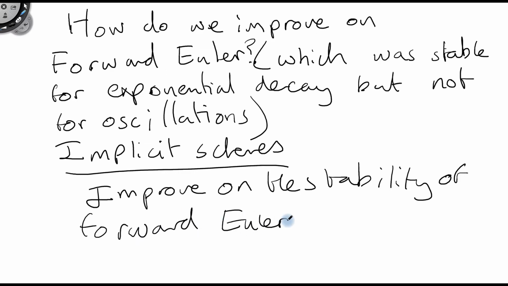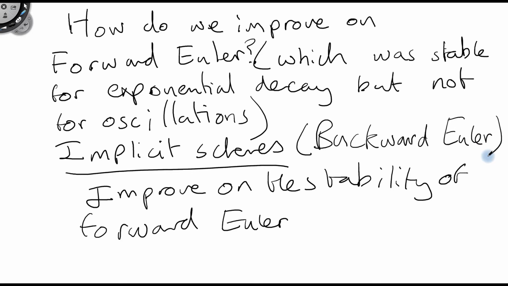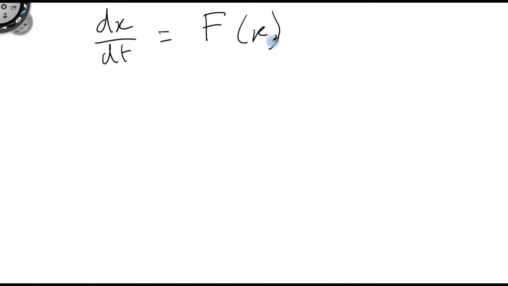And it's sometimes for that reason called backward Euler, and I'll explain what I mean by that. So let's go back to our fundamental equation we're solving. We're solving dx by dt is some function, and in general it's of x and t, but we're just going to consider it as a function of x.